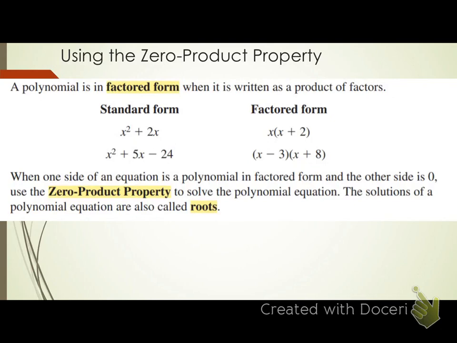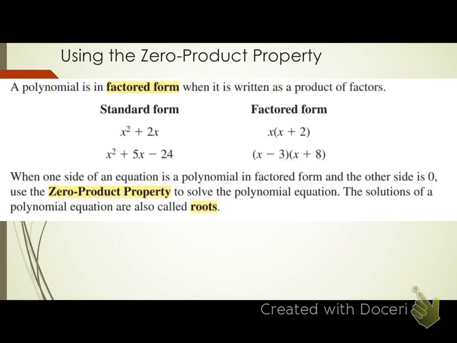Does that make sense? And like I said, we'll get into the actual factoring part within a few days, a couple of weeks. Okay? The next one here, x squared plus 5x minus 24. Factored form of this is x minus 3 times x plus 8.